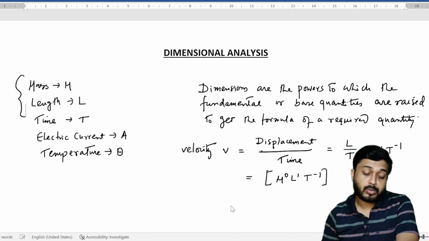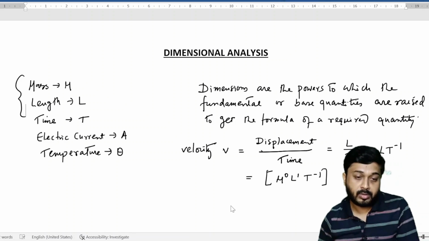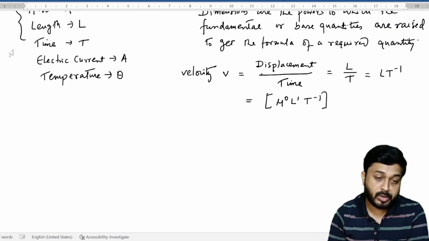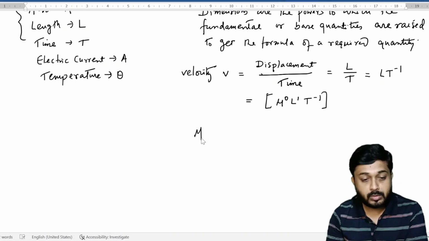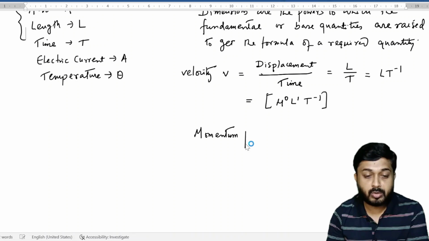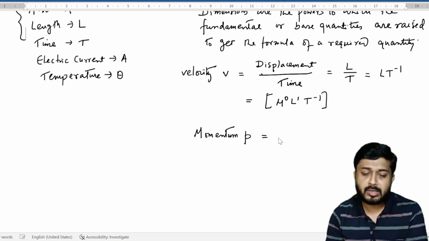After that, let me tell you one more, that is momentum. Momentum, which is denoted by P, is equal to mass into velocity, mass multiplied by velocity.